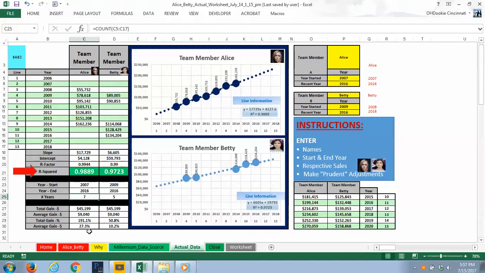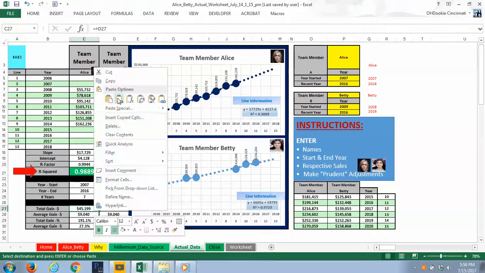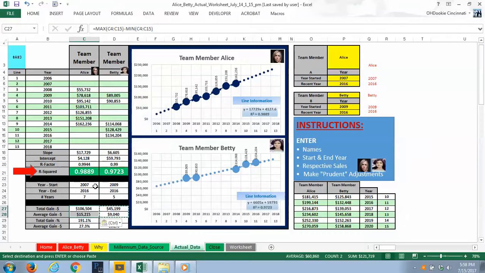So if we take a look at what their average gain has been over that time period, and then we divide that, we have, that's actually wrong there. We'll just make a quick adjustment there. I'll make errors, I guess. Okay, so we just made that adjustment right now.